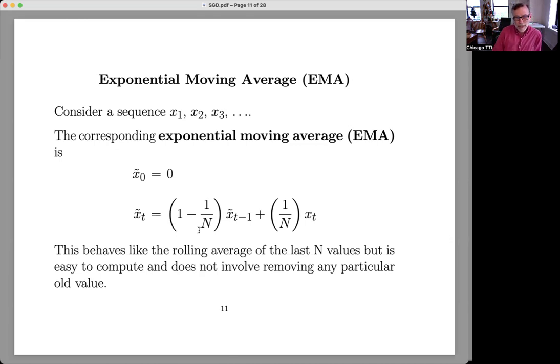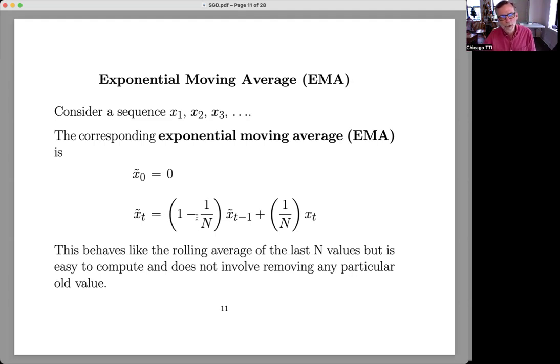And an exponential moving average, intuitively, you can think of as an approximation of the rolling average. It can also be parameterized in terms of n, the most recent n.